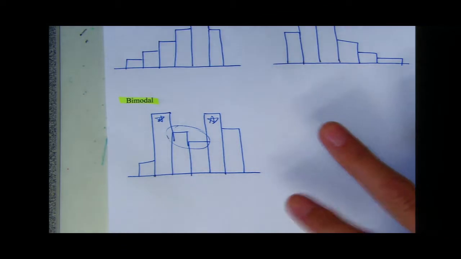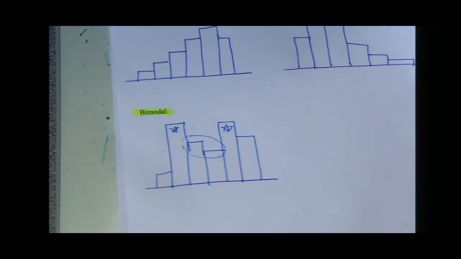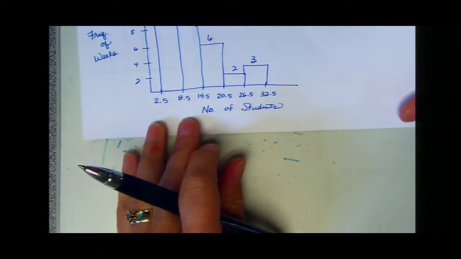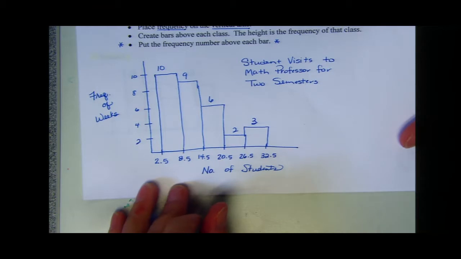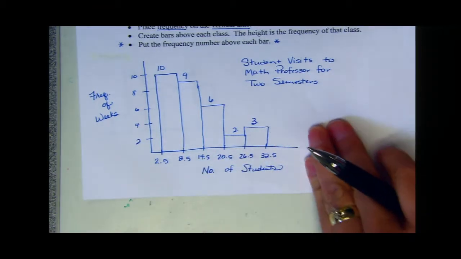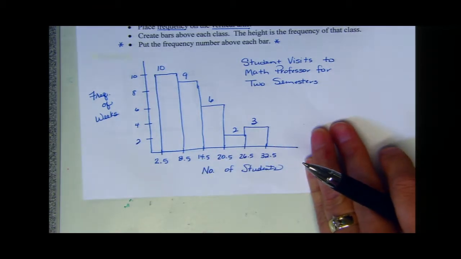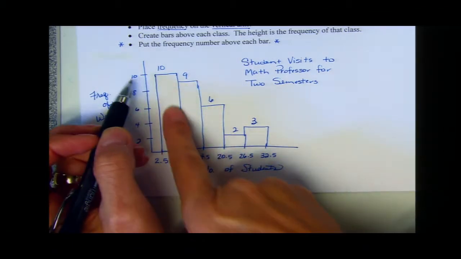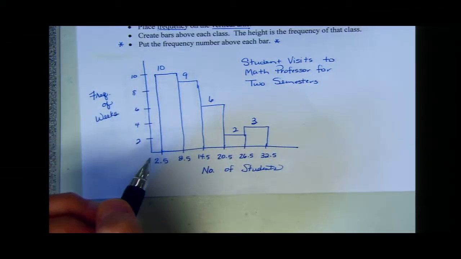Now, they won't all fit exactly how we want them to, because if you'll look back here, let's take a look at our histogram. When I look at this and I start going through the different ones, I can go, well, I know it's not symmetrical. I know it is not uniform. It is not bimodal because here are my two tallest and there is not a bar in between them.